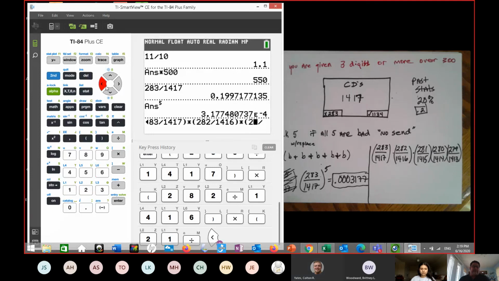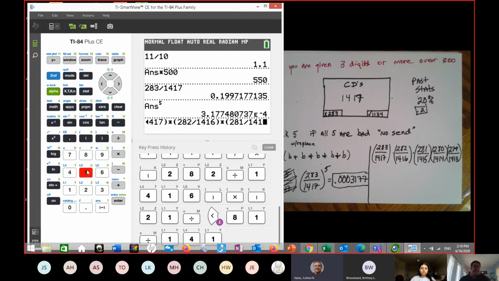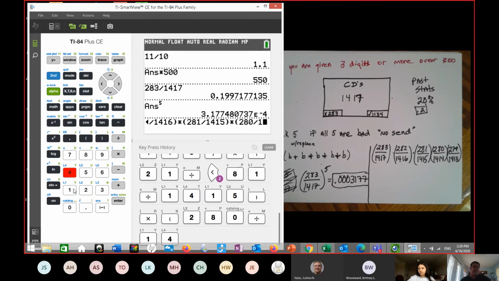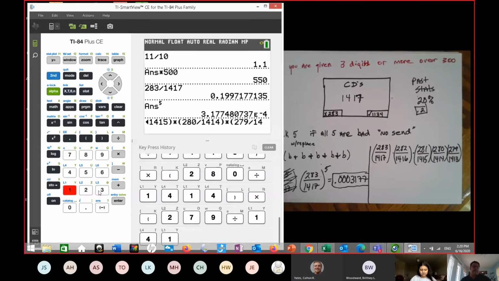Dadgummit. 281 divided by 1415. 280 and 279. And enter.